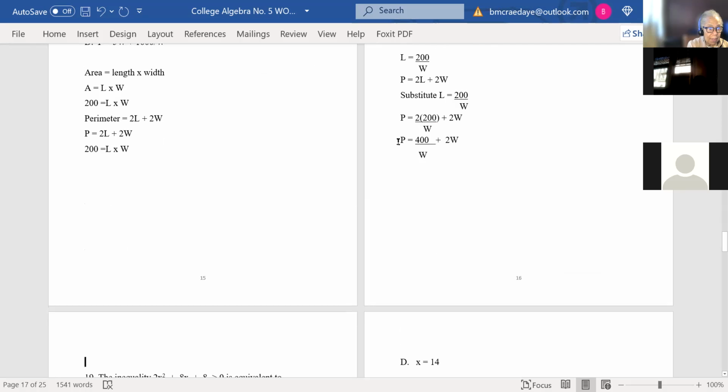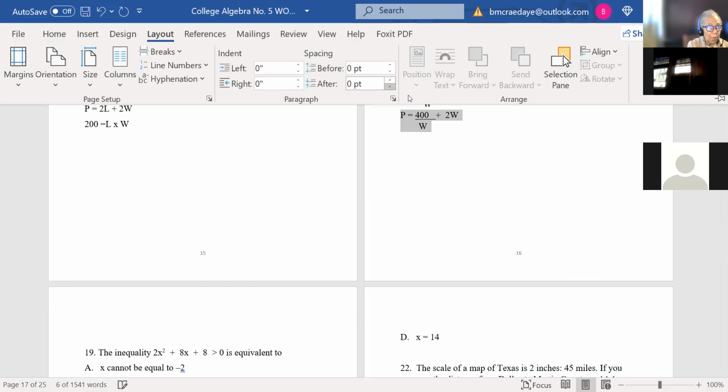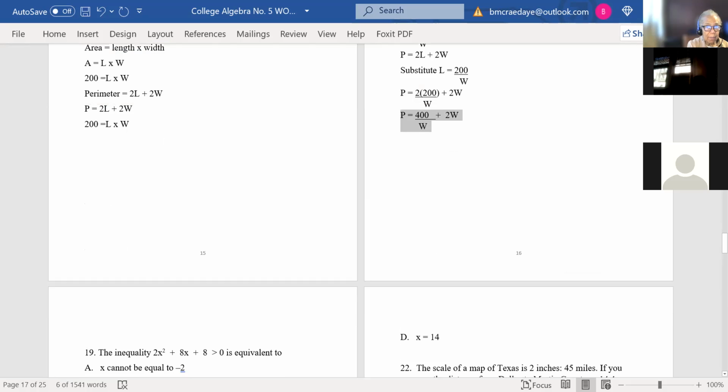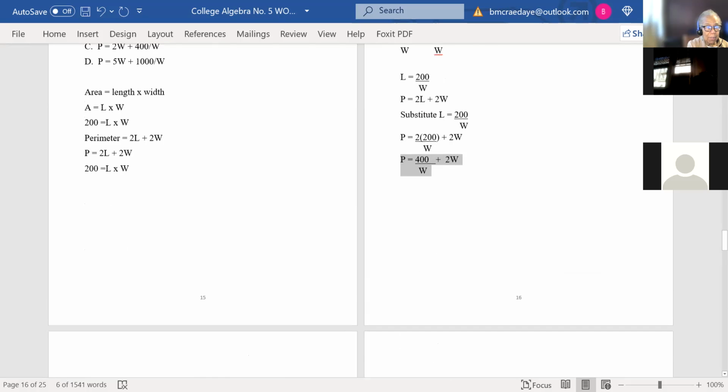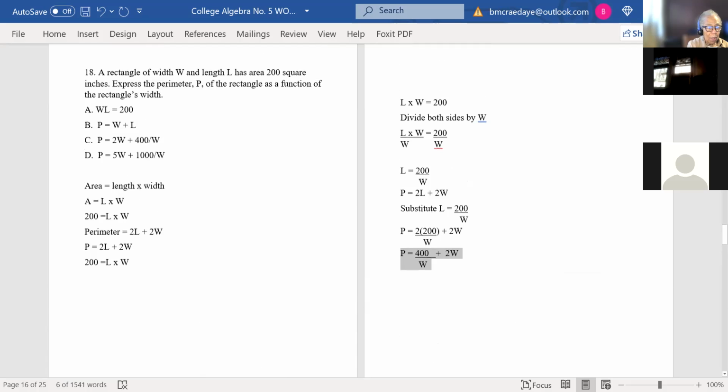A, B, C, D. Let's bring this a little closer. Okay, now, so we have perimeter is 400 over the width plus 2 times the width. A, B, C, or D? Looks like C, right?